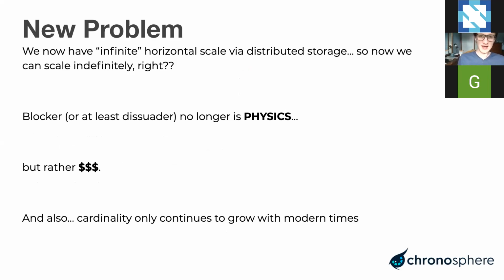Well, essentially the problem then becomes, okay, well, yes, we can in theory just linearly infinitely scale, but you're still linearly paying for that volume as you're increasing the total volume of metric series data you're ingesting.